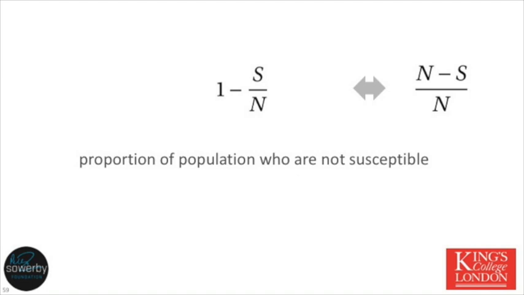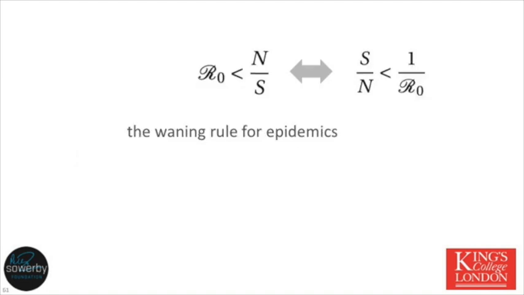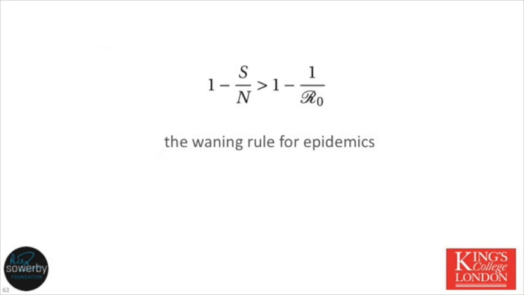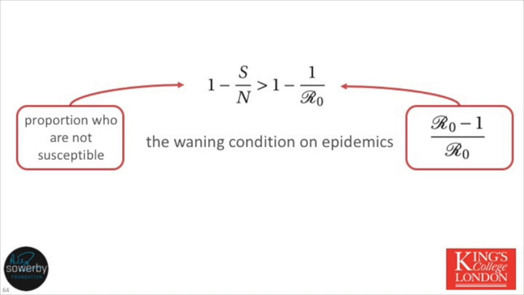So we can rewrite the waning rule as follows. S over N is less than 1 over R0, which is the same as 1 minus S over N is greater than 1 minus 1 over R0. The left-hand side is the proportion of the population that is immune, as we just saw, and the right-hand side is equal to (R0 minus 1) over R0.